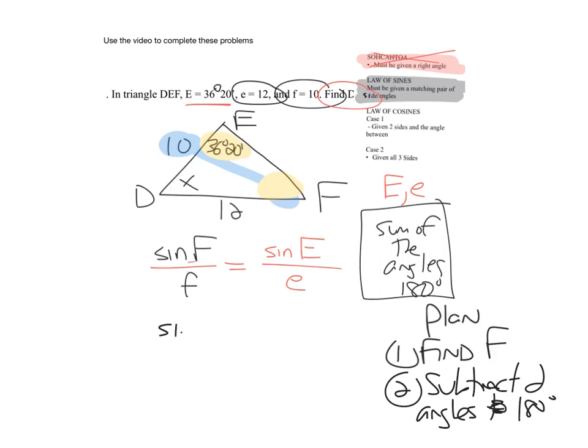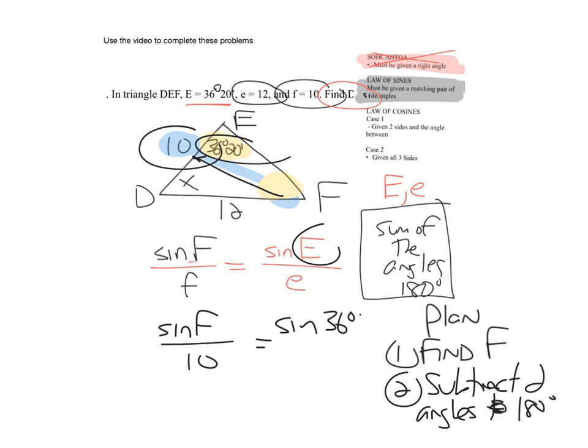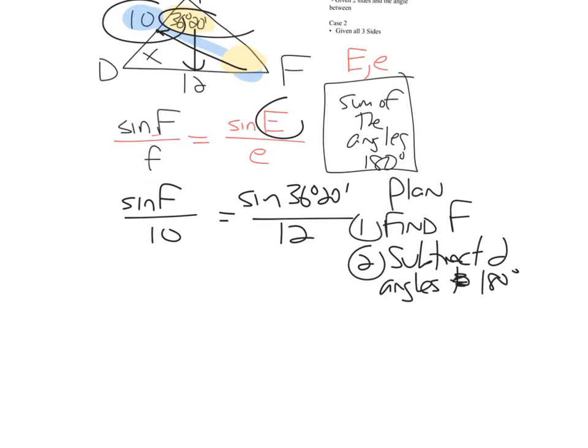So I'm going to solve for angle F. I'm going to write the sine of angle F over side F, so that's 10. That equals the sine of angle E, which you're told is 36°20', over side E, which is 12. So I'm going to solve using the law of sines. I'm going to cross multiply.